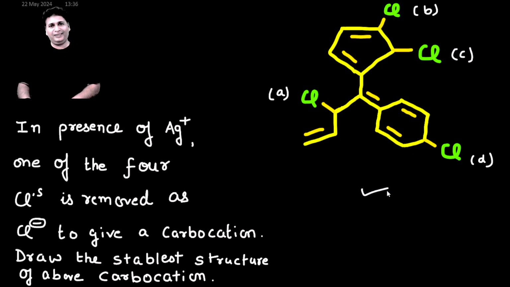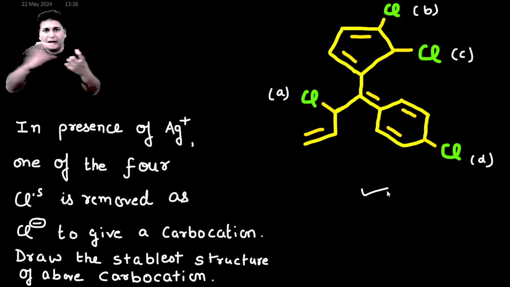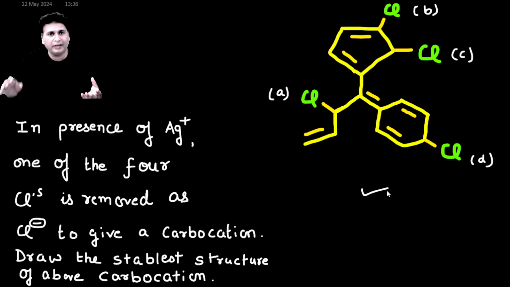For an example, you plug Cl number A, B, C, D and make all 4 different carbocations. You remove A, you will get one carbocation. You remove B, you will get the next carbocation. Similarly C and D, you will get 4 different carbocations, and you have to remove only one Cl at a time.